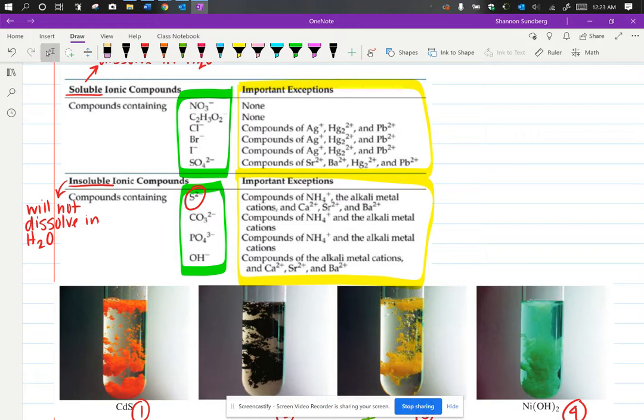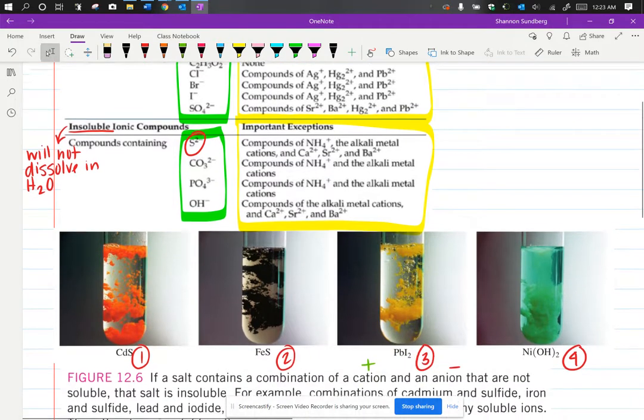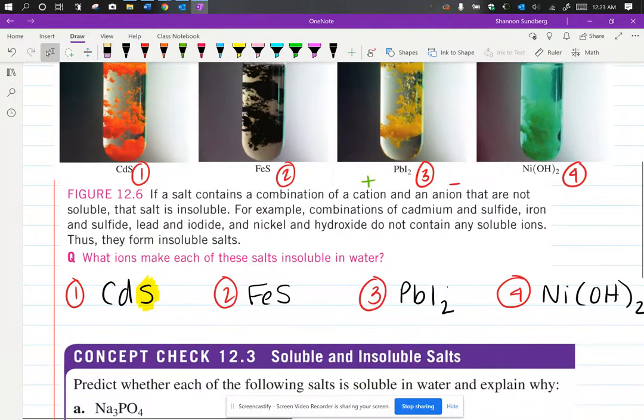It's not. Iron is none of those things. So it's going to remain insoluble unless there's an exception to the rule. Iron is not an exception to the rule. So who's goofing up the flow again? It's sulfur.